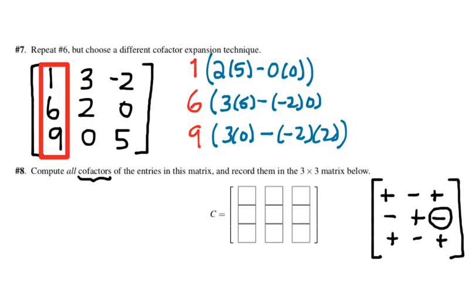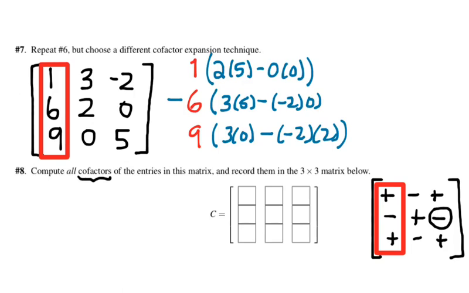And then, based on these pluses and minuses in the first column of this matrix of signs over here, we would put a minus sign on the 6. And then we would add these results all together.